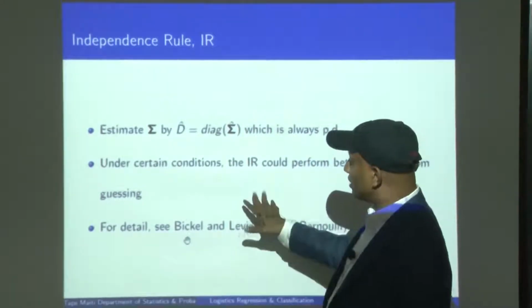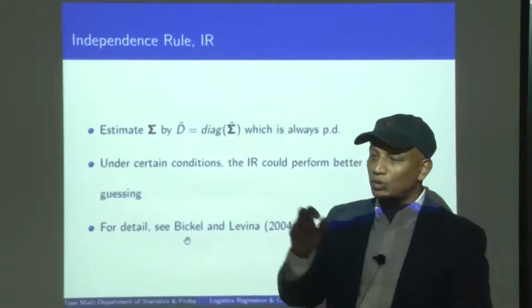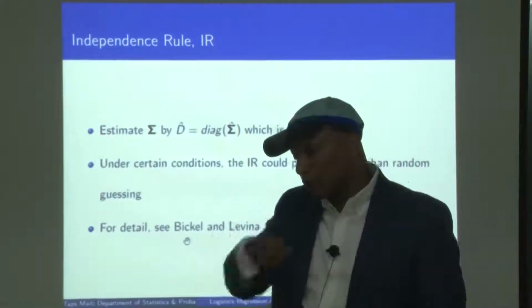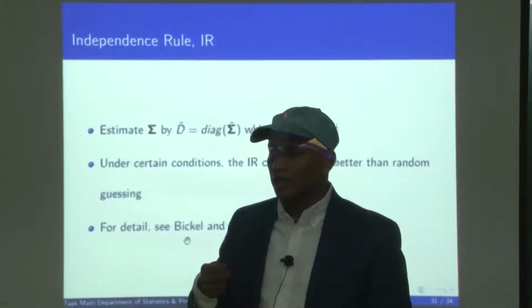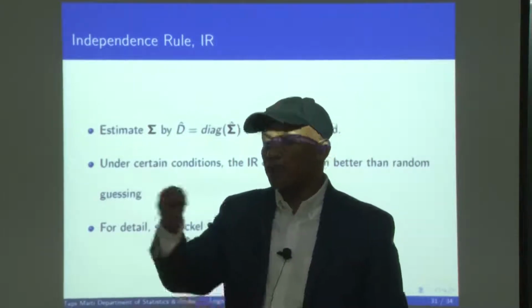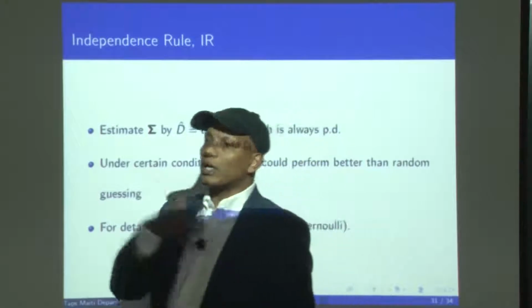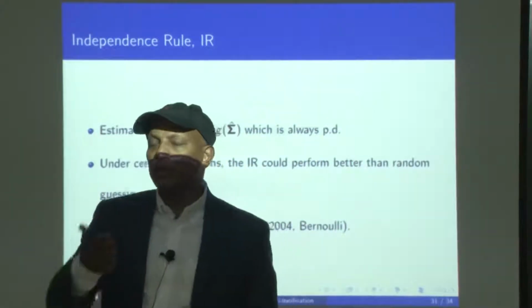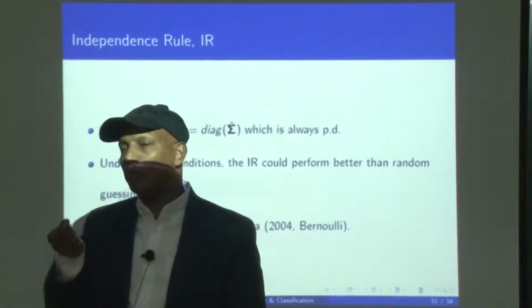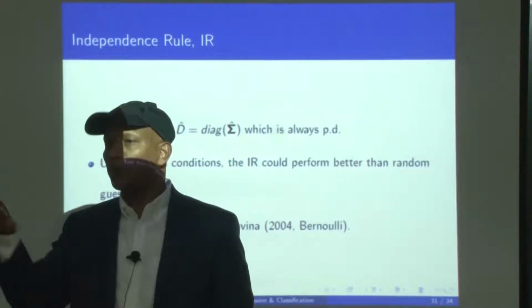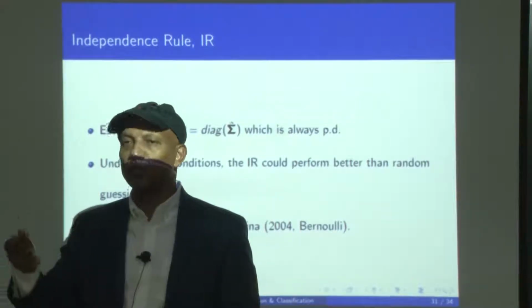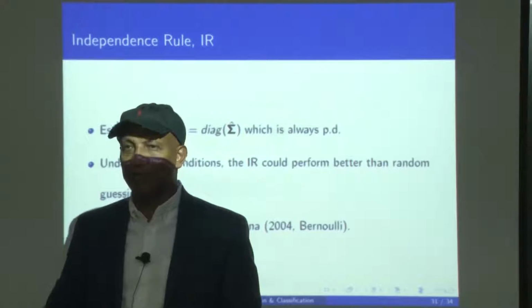And then of course he tried to show that asymptotically it achieved optimality. What does optimality mean? That in the worst situation, the probability of making a mistake should be no more than 0.5, right? If it is more than 0.5, I should not use it, because anybody can do 0.5.